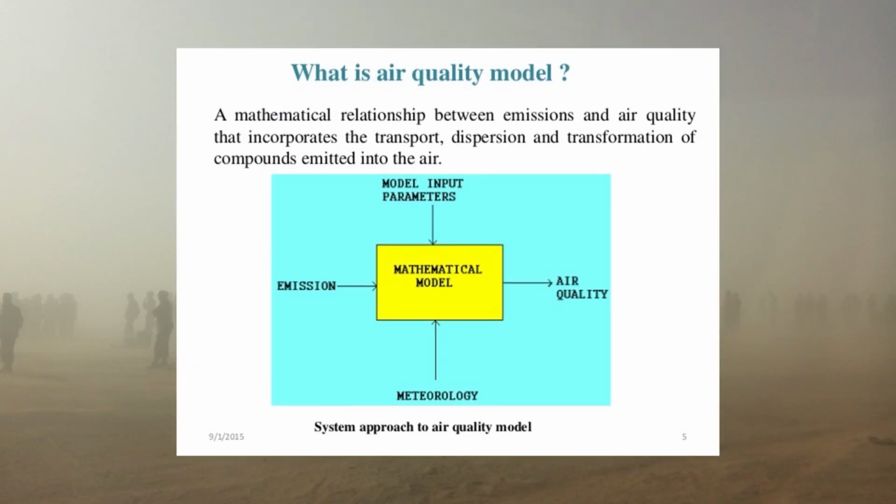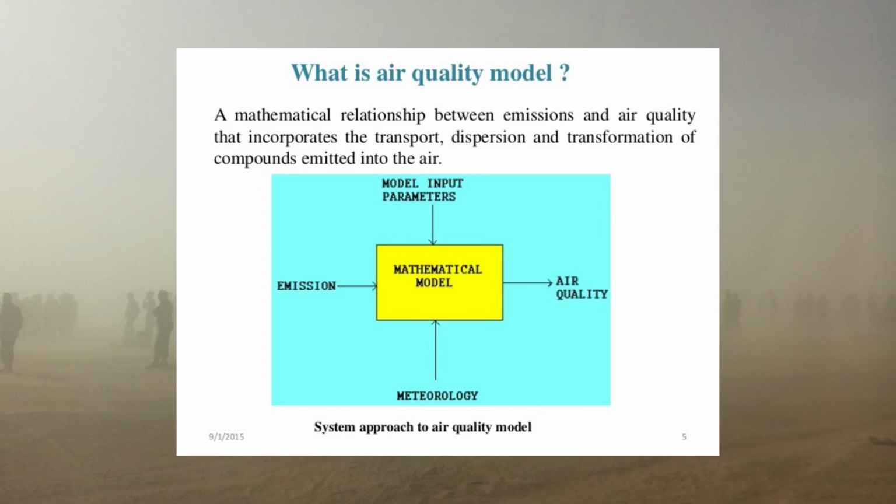So basically, the air quality model is a mathematical relationship between emissions and the air quality that incorporates transport, dispersion, and transformation of compound emitted into the air.